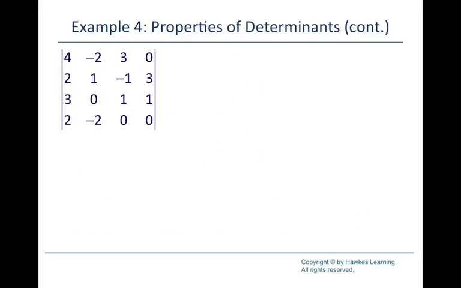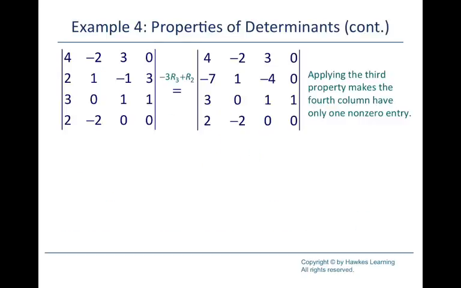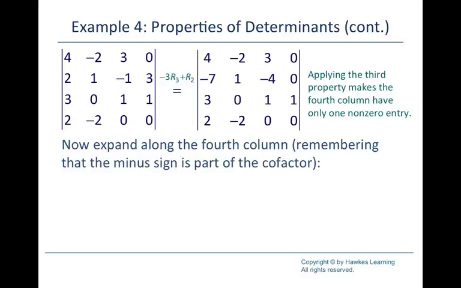So -3 times row 3 plus row 2 makes the fourth column have only one non-zero entry. Okay. So now we're going to expand along the fourth column because it's only got the one non-zero entry.